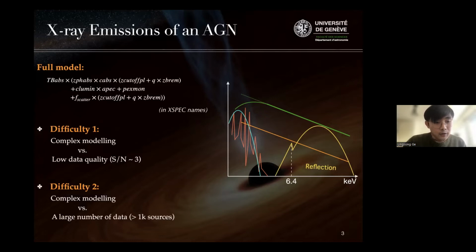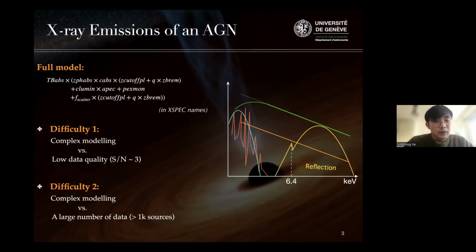The second difficulty is the conflict between complex modeling and the large number of data. We're talking about at least 1,000 sources, and the size of AGN samples is growing rapidly in recent years. In XXL we have around 26,000 sources, and in the future eROSITA would give us millions of AGN. So we really need a very efficient way to fit all these spectra.